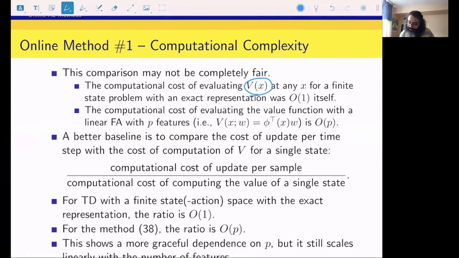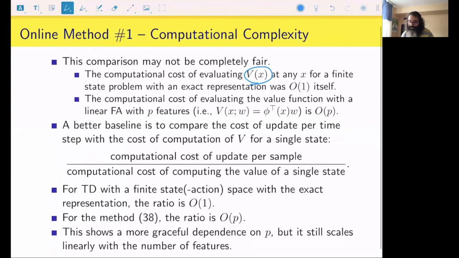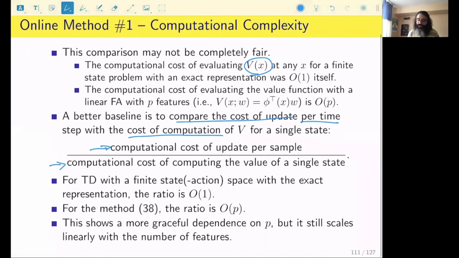So maybe a better baseline is the ratio of the cost of the update per time step to the cost of computing V for a single state. That is, how much more computation I need to do for the update compared to just evaluating V. So for TD, this is again order 1 because both are order 1.